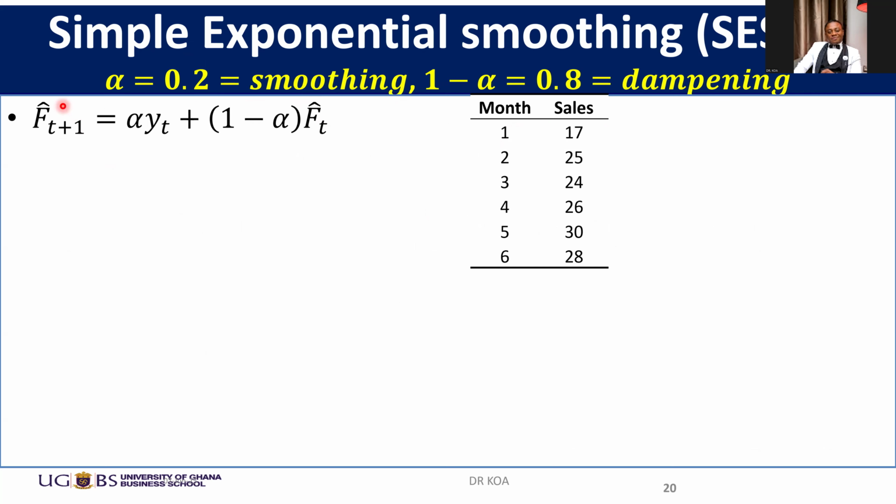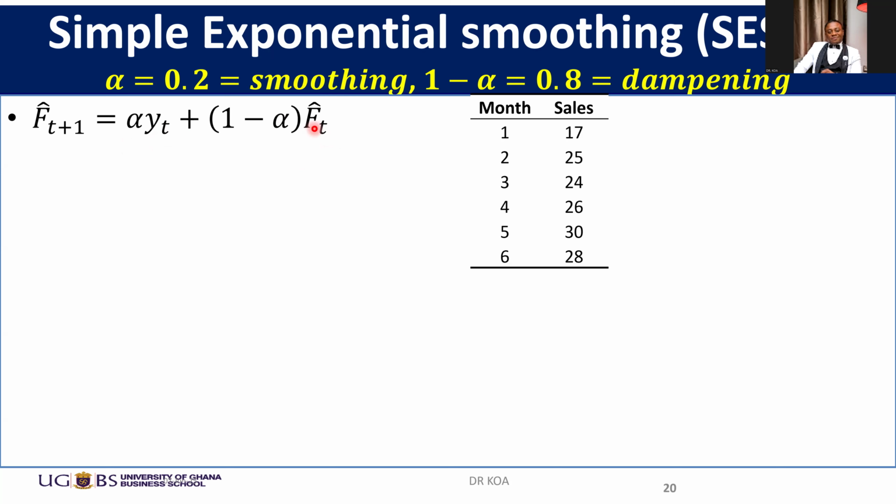So if I want to get the next forecast, this 0.2 will be the alpha, the 0.8 will be the 1 minus alpha. I need today's forecast. I don't have today's forecast, but I have today's value.